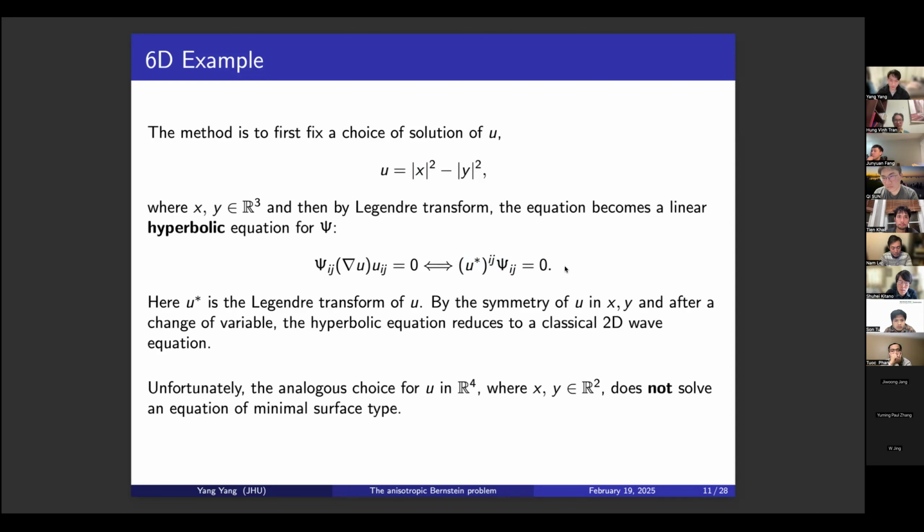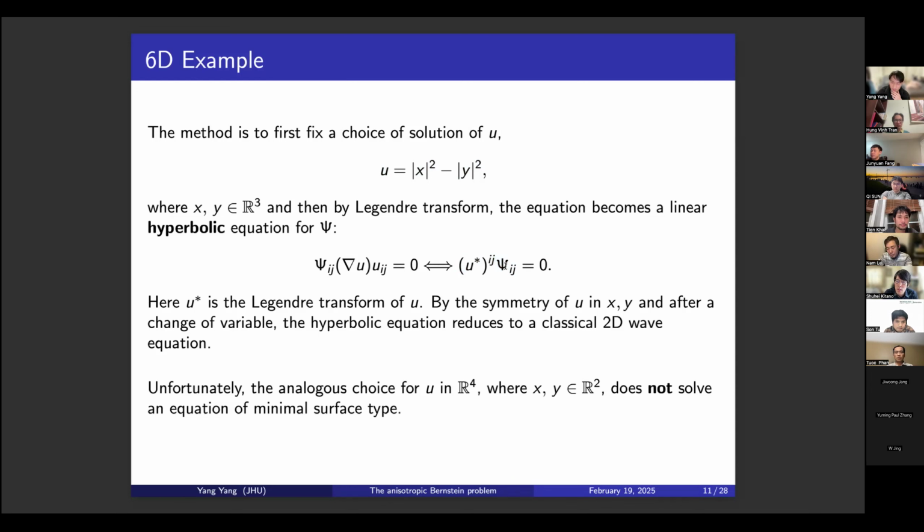The way I like to view this, you can solve this equation for every possible phi so that the graph of u minimizes this functional.